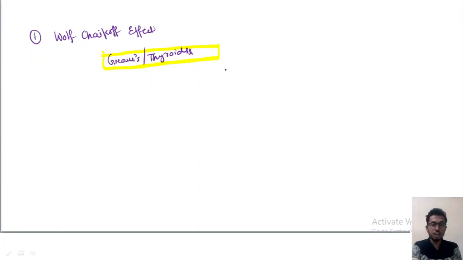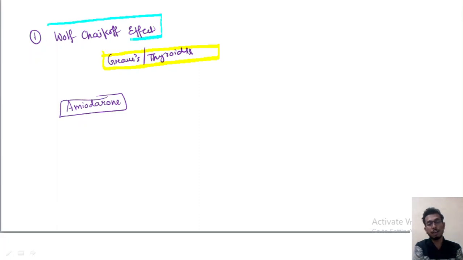Okay, so initially, if a person is started on amiodarone, the body's response is Wolff-Chaikoff effect due to the increased iodine content in the bloodstream, which prevents the thyroid gland from synthesizing more thyroid hormone and releasing it into the blood. So what biochemical parameter changes can we see?